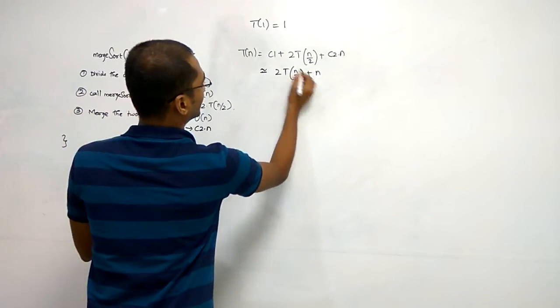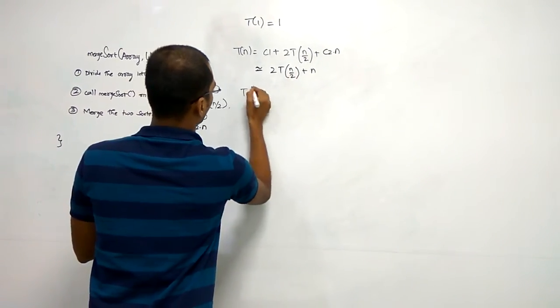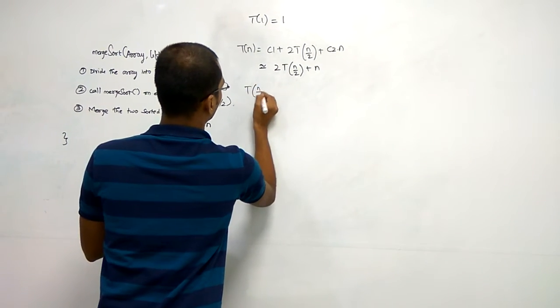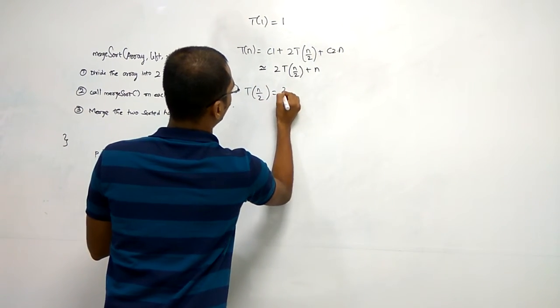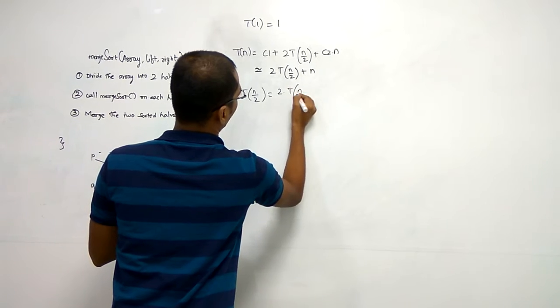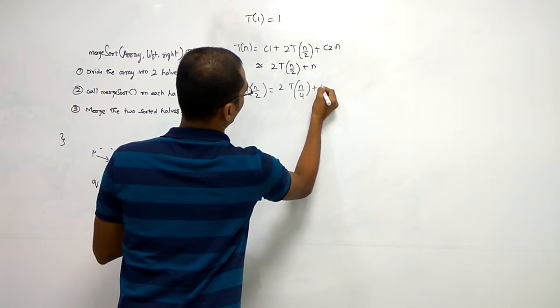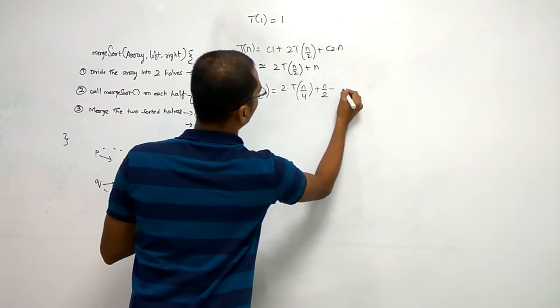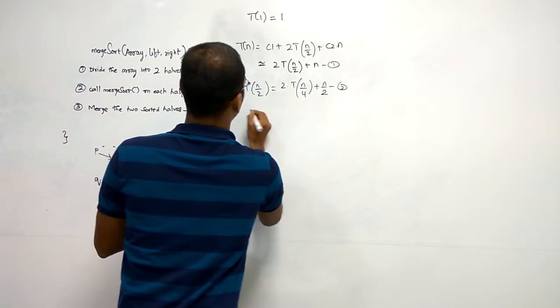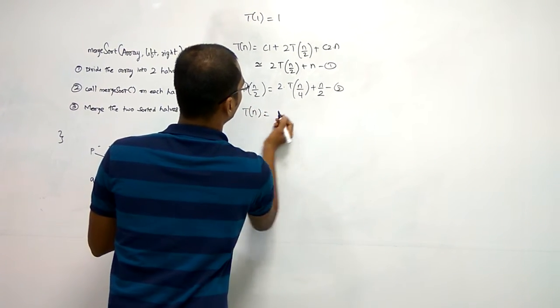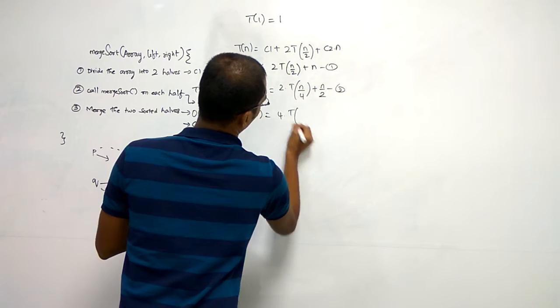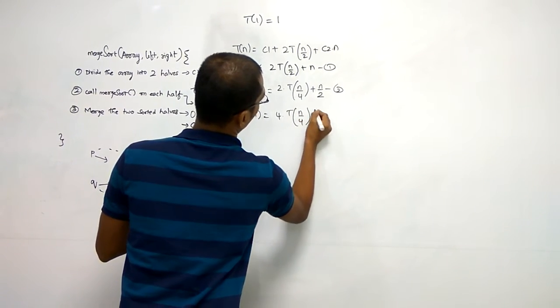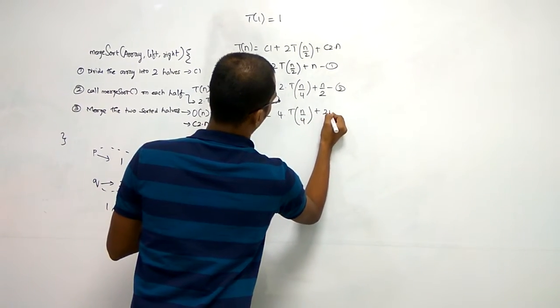Now we can expand T of n by 2, again using the same recursive formula, as T of n by 2 is equal to twice T of n by 4 plus n by 2. Substituting 2 into 1, you have T of n equals 4 times T of n by 4 plus 2n.